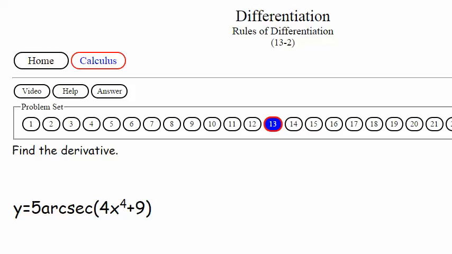Arc secant of 4x to the fourth plus 9. Okay. I'm going to try to write neater here.